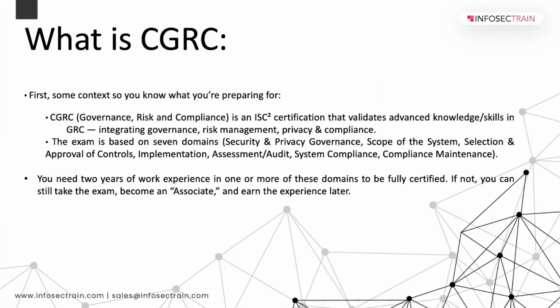The CGRC is more technical in depth because it talks about the whole risk management framework, and what happens in each stage of it. This exam is based on 7 domains: security and privacy governance, scope of the system, selection and approval of controls, implementation, assessment and audit, system compliance, and compliance maintenance.